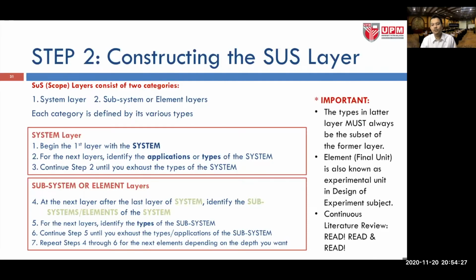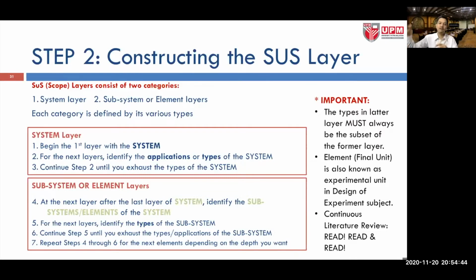So important to note here, the types in later layer must always be the subset of the former layer. You cannot have, for example, like you start with the car, okay, suddenly you talk about vehicle.